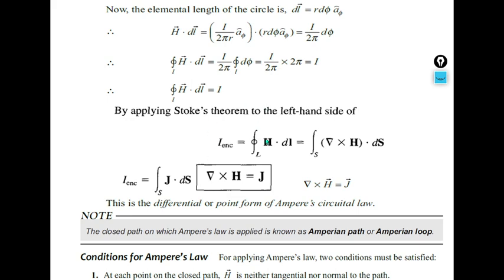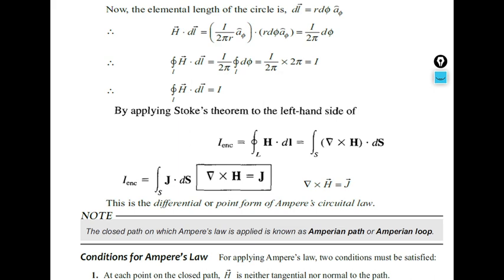Now if I apply here, I enclosed is equal to the open surface integral J ds. This is the definition of current, and we'll see conduction current and convection current. So this is the definition of conduction current. You can take I enclosed is equal to the open surface integral J ds, just like phi.